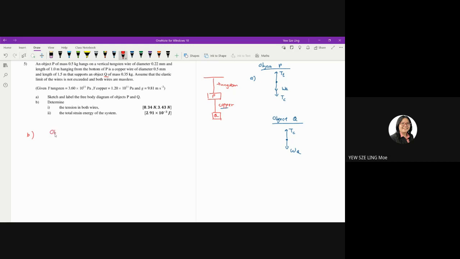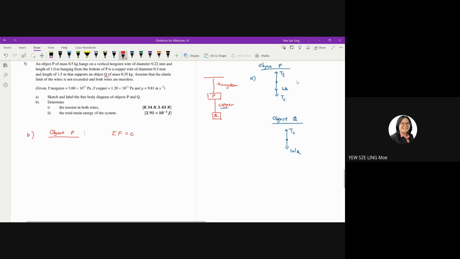If you have two free body diagrams, it means you can form two equations. So, equations from object P. Since they are not moving, they are at rest, which means you apply Newton's first law: summation of F equals 0.